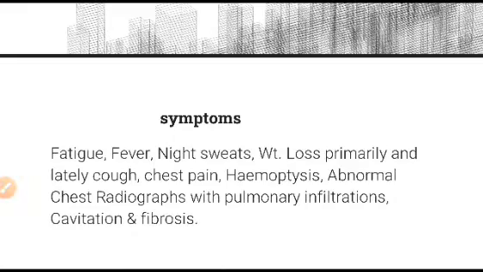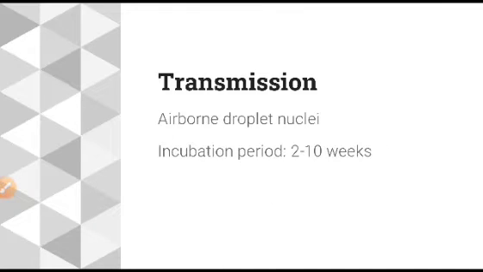The usual transmission of this disease occurs when a person is exposed to the tubercle bacilli in airborne droplet nuclei, and these droplets are produced by people with pulmonary or respiratory tract tuberculosis.